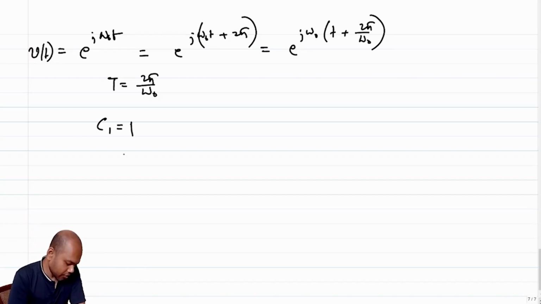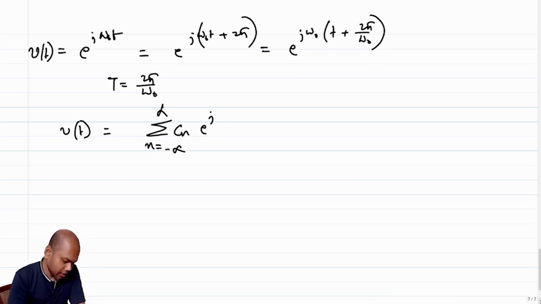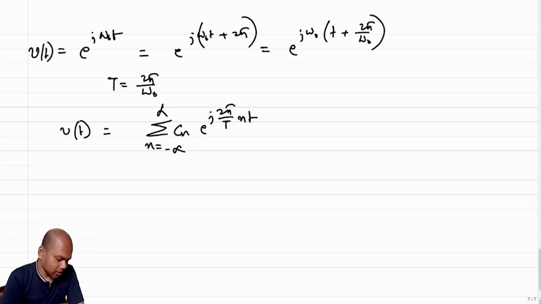So what is our C1? C1 is equal to 1. Let me break it down again. We are basically saying V(t) is equal to the summation of Cn e to the power j 2 pi over T, that is the periodicity, times n t.